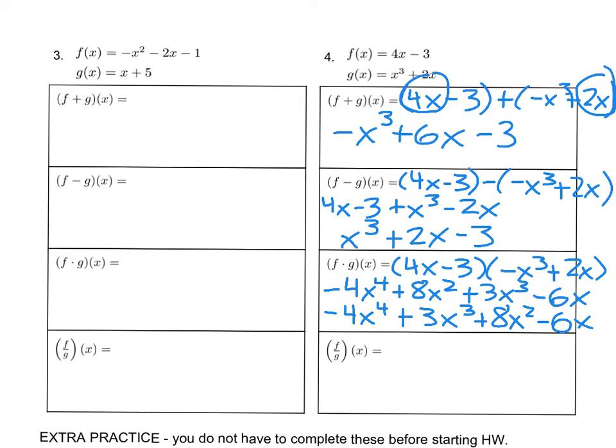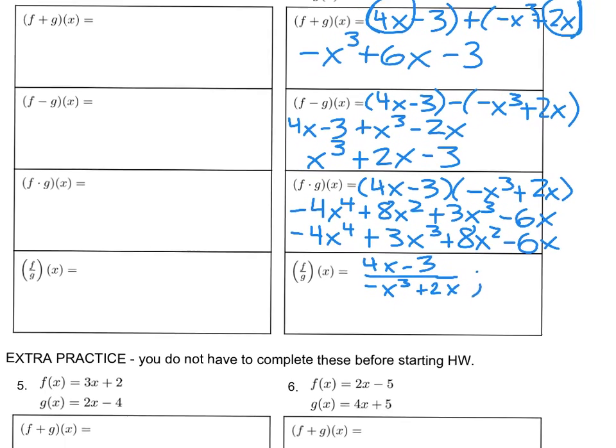Okay, for division, you just write f of x on top of g of x. And then I also have to figure out what would make the denominator equal 0.